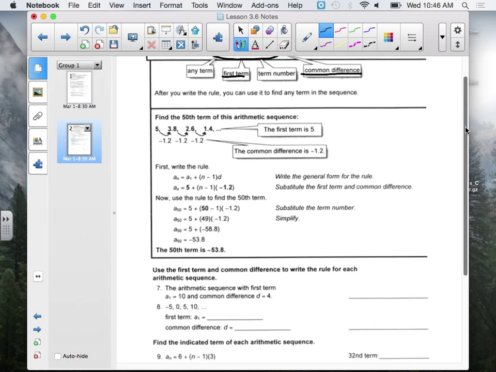So, for this first sequence there, our first term is what? 5. 5, yep. 5 is our first term, so we would write down a sub 1 equals 5. And then our common difference is what? As we're going from 5 to 3.8, what are we doing? Minus 1.2. So then we would write d equals -1.2.